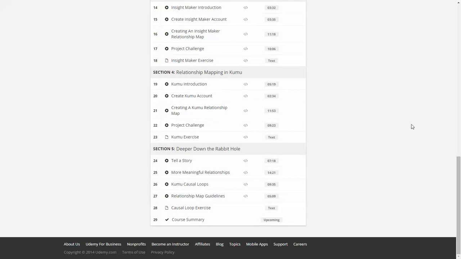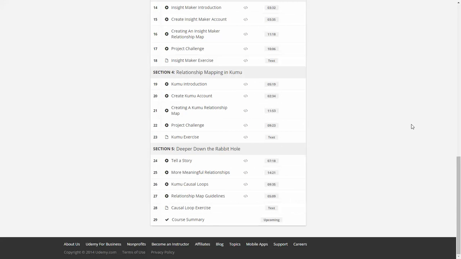Now, the final section was to simply provide additional information around how useful it is to think of a model as a storytelling vehicle, and a way to add additional information to a model, a relationship model, by creating causal loop diagrams, which are much more specific, contain more information about the relationships than typical relationship maps do.